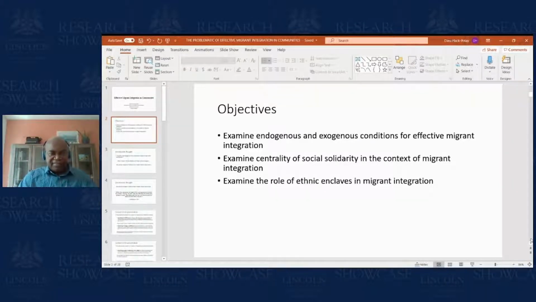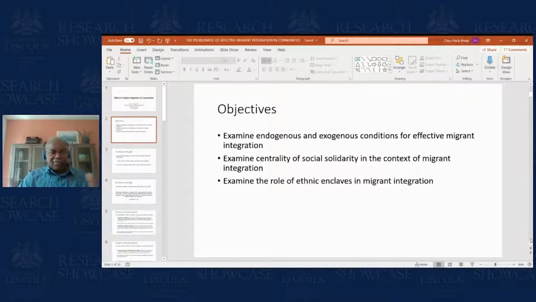The other bit that I'm going to look at is what I call social solidarity, which is an important concept in terms of social life and societal arrangement, critical for the relationship between people.